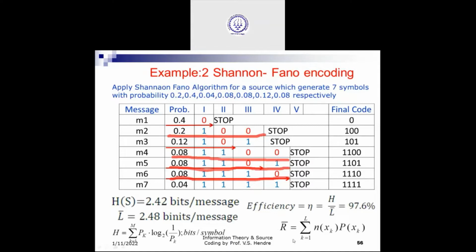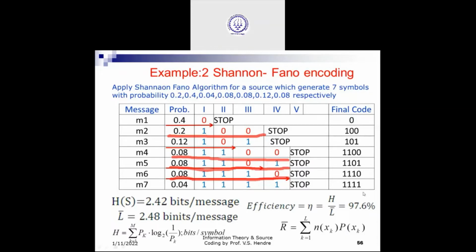The average code word length, L bar, is the summation for k equal to 1 to L of n of xk times p of xk, where n of xk is the length of the code word. The lengths of the code words here are 1, 3, 3, 4, 4, 4 and 4.